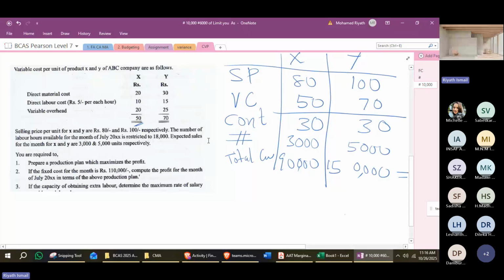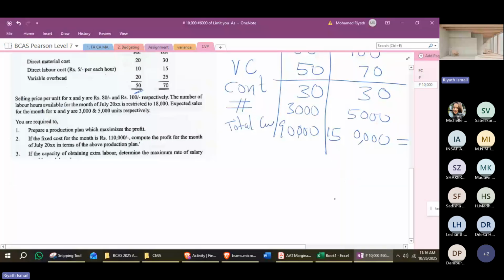Before we decide whether it is actually a limiting factor, let us calculate how many hours it requires. To produce 1 unit of X, it requires 2 hours, and 1 unit of Y requires 3 hours.